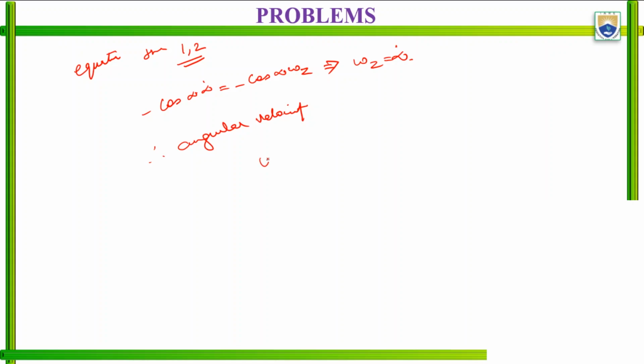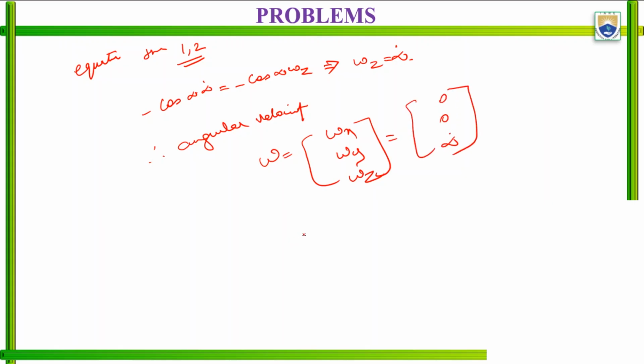Therefore the angular velocity omega, with components omega x, omega y and omega z, will be equal to 0, 0 and alpha dot, right?